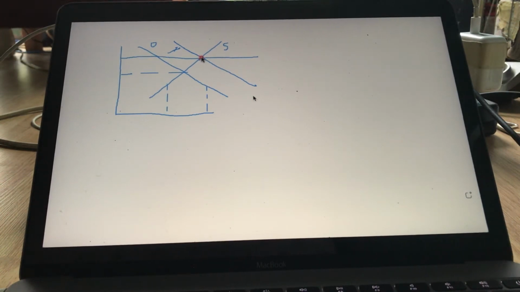At the initial point, the central rate is higher than the equilibrium rate. Do I answer the question? Oh, yeah, I got it. Thank you.